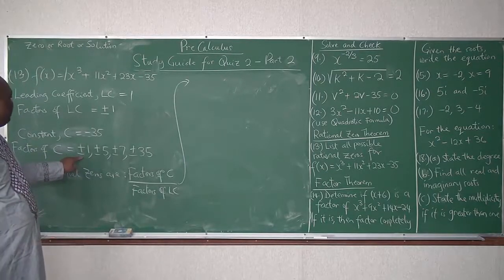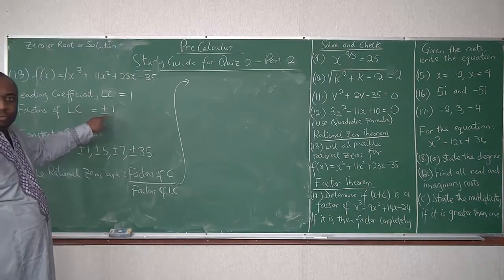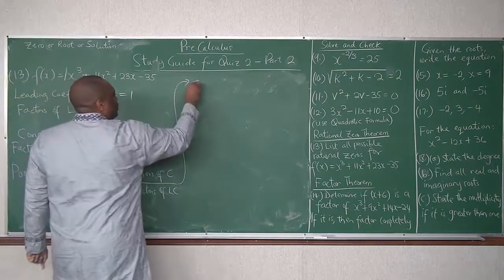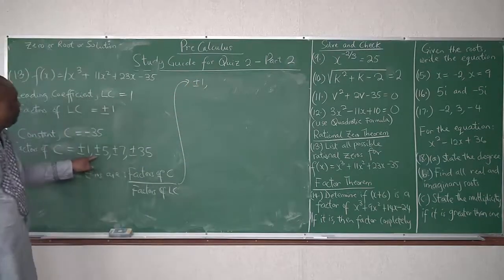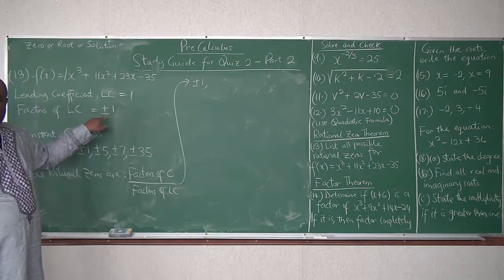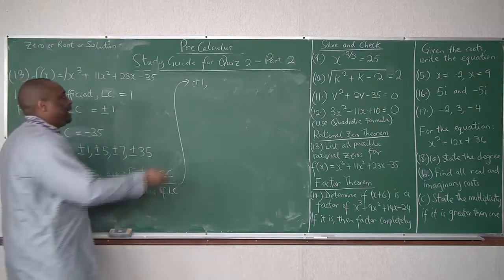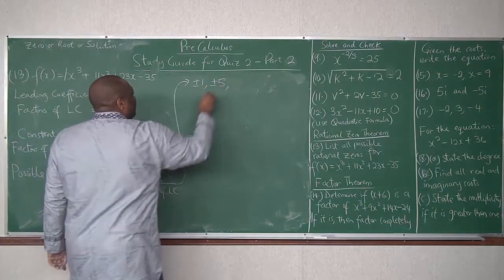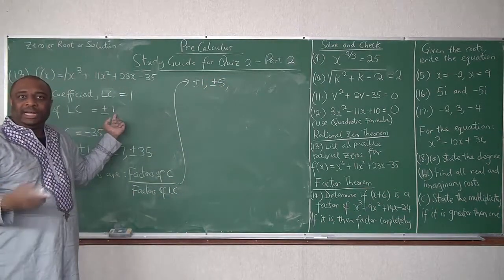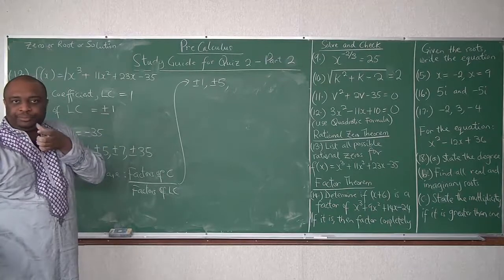We could have plus minus 1 over plus minus 1. This is plus minus 1. Plus minus 5 over plus minus 1. 5 over 1 is still 5. Now if this was 2, then it would be plus minus 5 over 2.